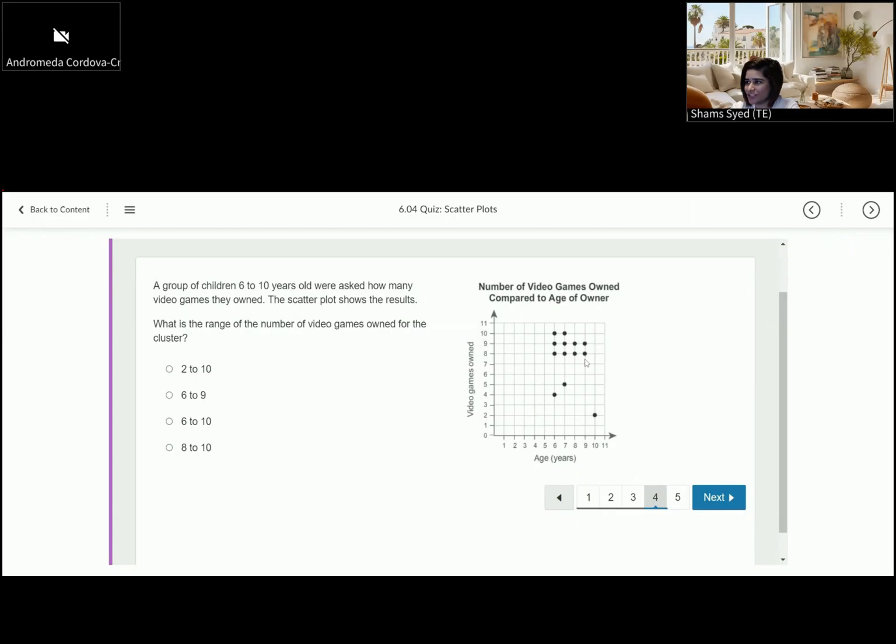Andromeda, where is the range falling? Where's the big cluster falling? 8 and 10. Click the answer also in the answer choices. So there you go. Notice on the y-axis, most of the points are falling between 8 and 10. Very good, very good.